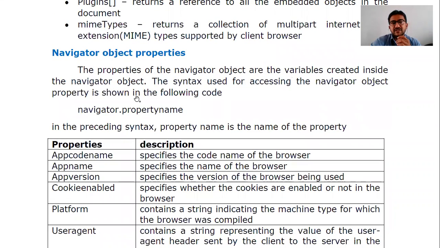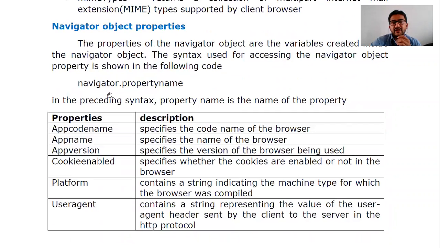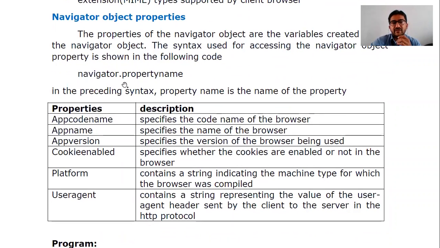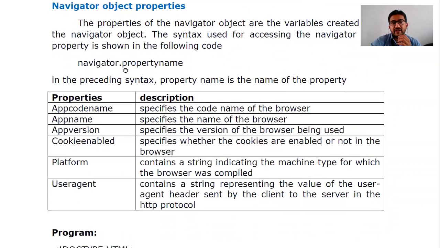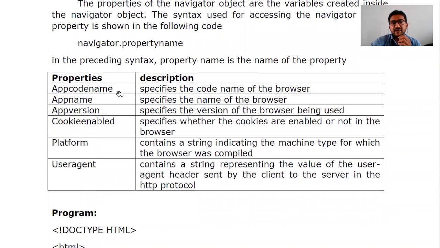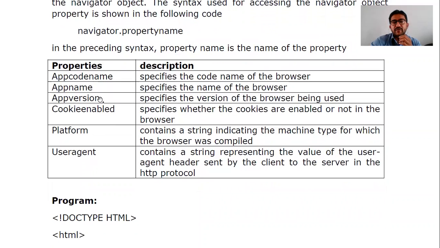Coming to the properties of the navigator object, we use navigator.propertyName, like in the previous topic we used window.propertyName. The properties we can display are appCodeName, appVersion, cookieEnabled, platform, and userAgent. These are some of the properties we use to display that.